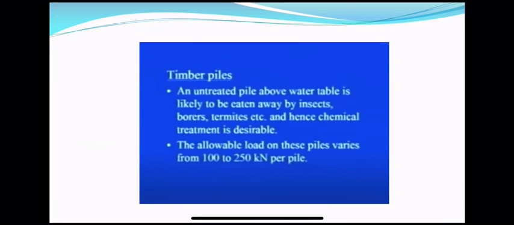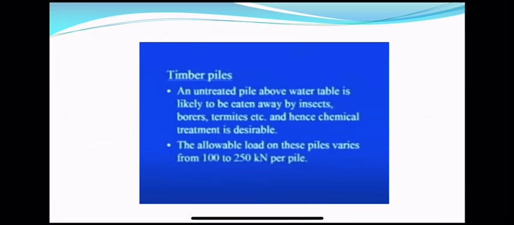They are very cheap and easy to handle. Lengths up to 30 meters have been used, I mean, in various places the maximum depth of 30 meters has been reached. These timber piles can be used in situations of fluctuating water table.